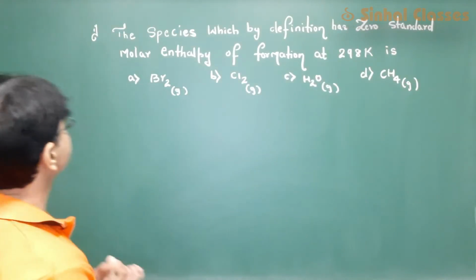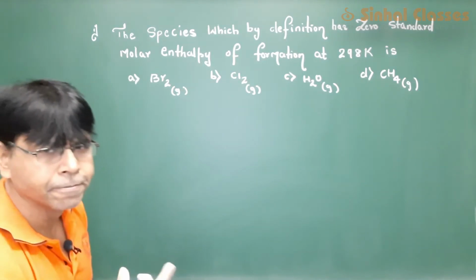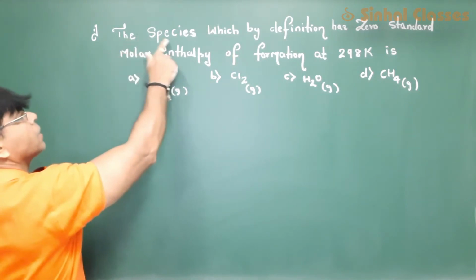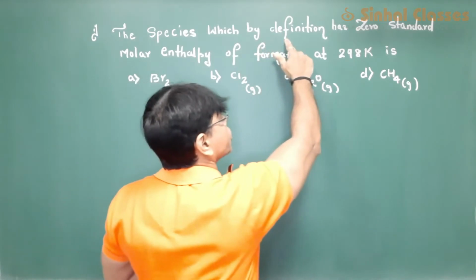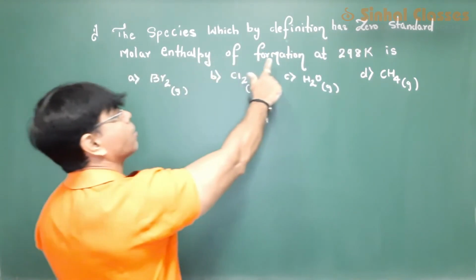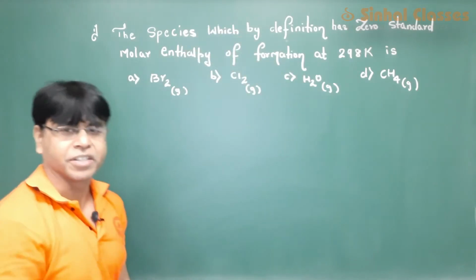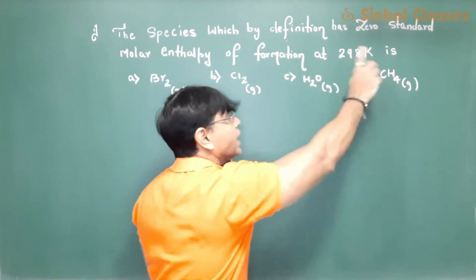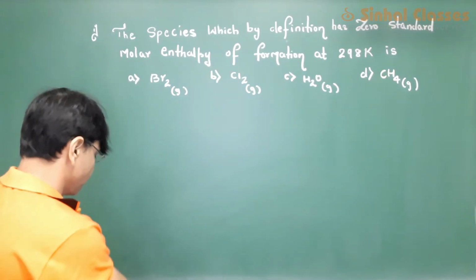Okay students, let's see question number 1, which says: the species which by definition has zero standard molar enthalpy of formation at 298 Kelvin is.